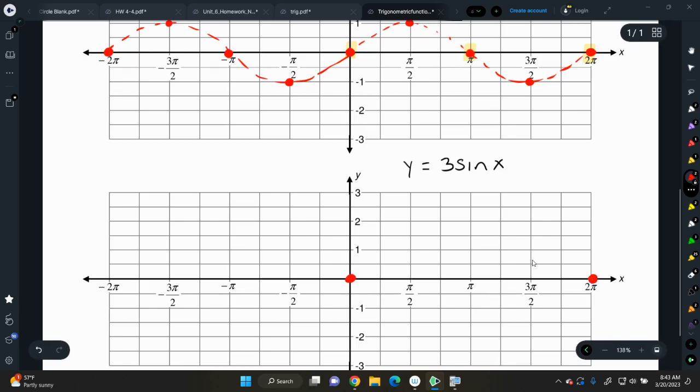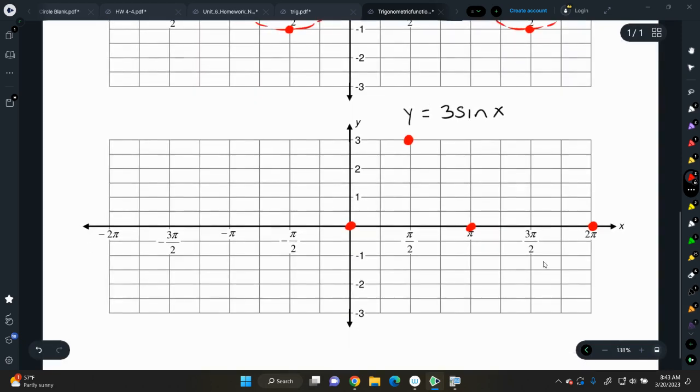So my period's the same. We go 0 to 2 pi, we cut it in half and we put a 0. Halfway between the first two zeros, we have a maximum. In this case, it's 3. Halfway between the next two zeros, we have a minimum, so it's -3. So there is my sine curve.